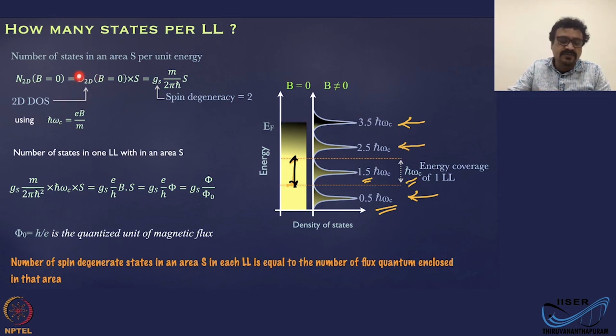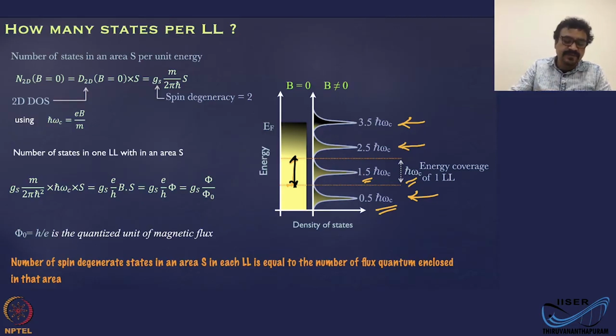So that means the 2-dimensional density of states times the area S. And you have to multiply by the spin degeneracy, 2, and that is going to give you the number of states in an area S per unit energy.